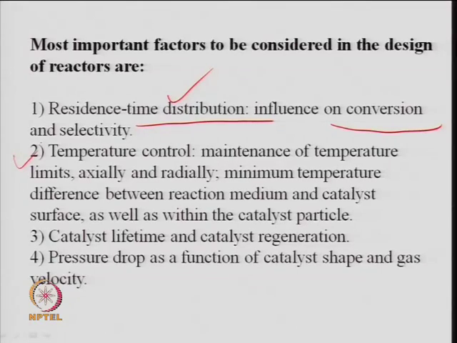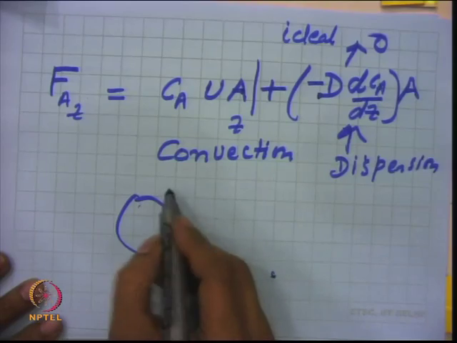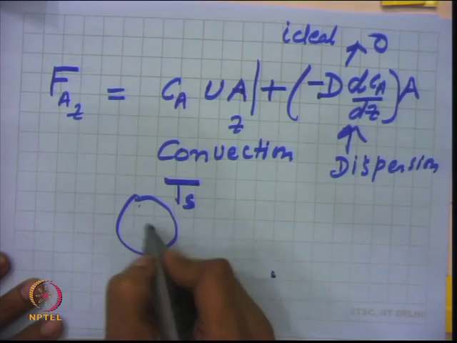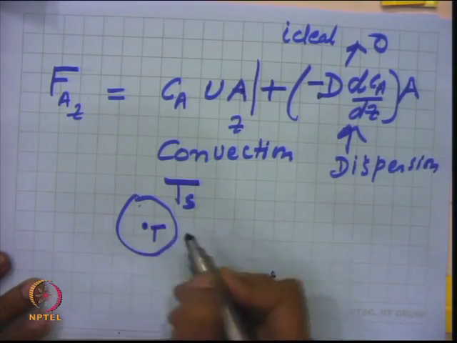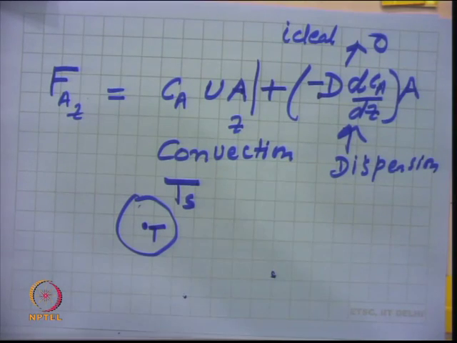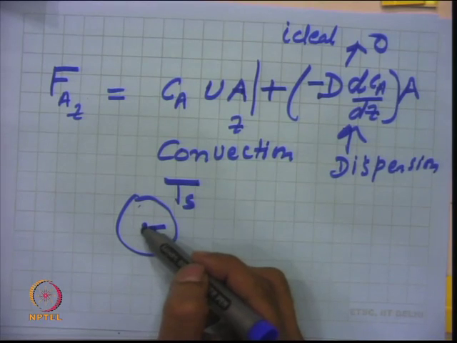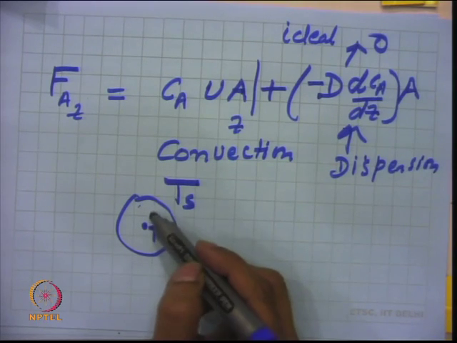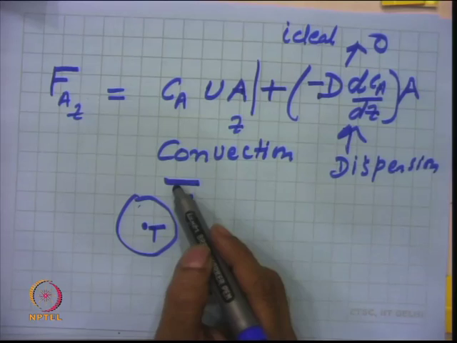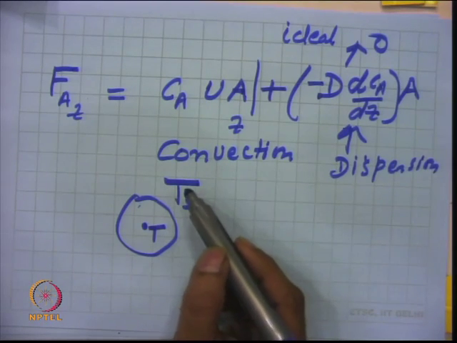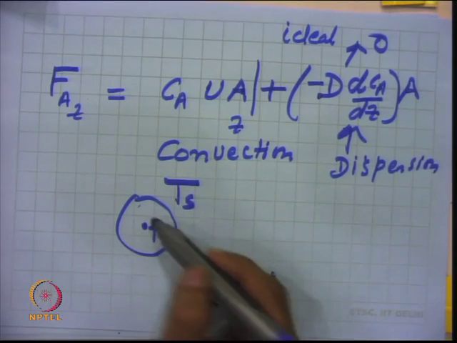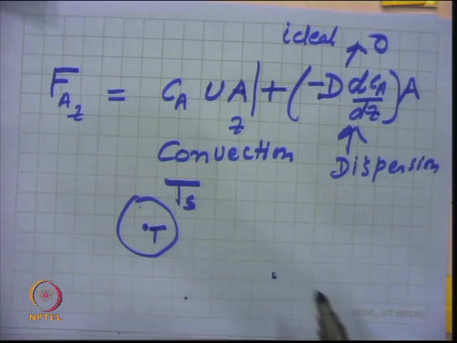This is very important within the catalyst particle, because when you look at a solid particle like this, here is some temperature T s and it will be some different temperature here. When the reaction is exothermic, the temperature at the center of the pellet will be maximum, and the surface temperature may be just your reactor temperature. So, conversion is down the length inside the pore, and at the center you may have the maximum temperature.